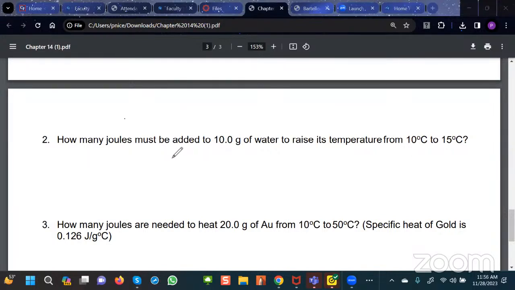Let me give you a hint. Starts off with Q is equal to what? M times C times delta T. M times C times delta T.